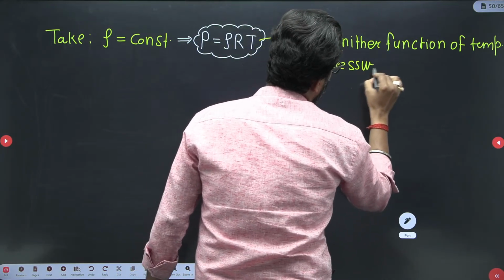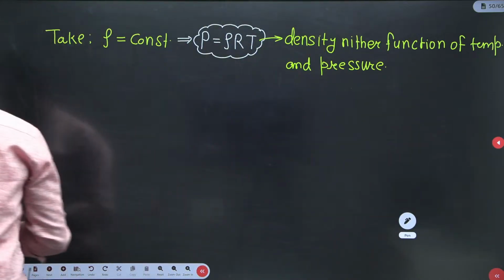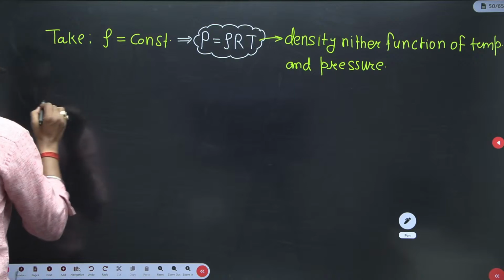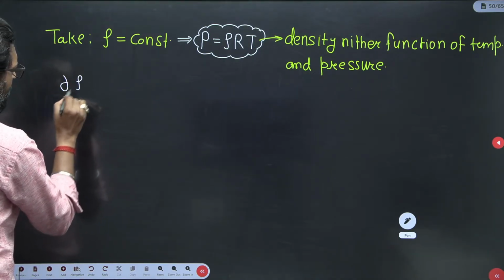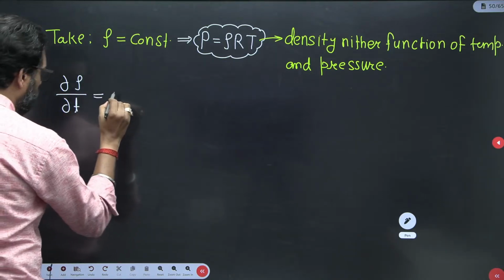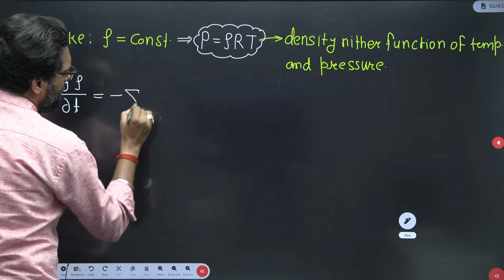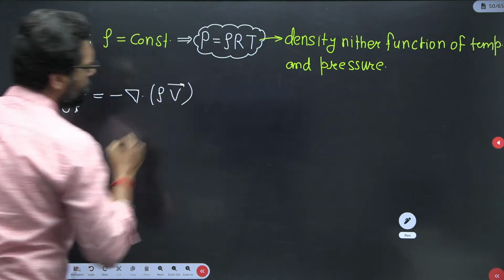We are thinking like that. So my dear, if you write the continuity equation, that means del rho by del t is equal to minus del dot rho into velocity. This is the continuity equation.